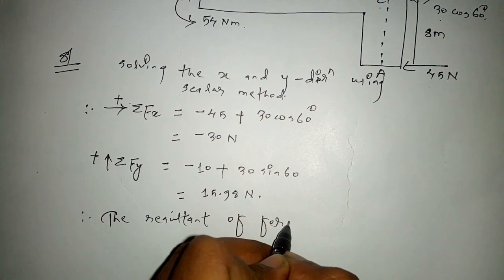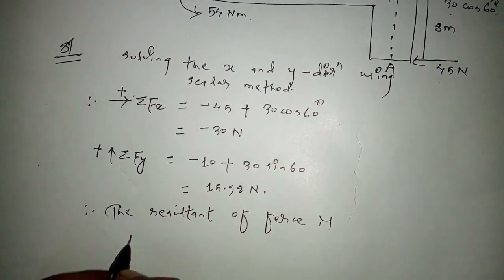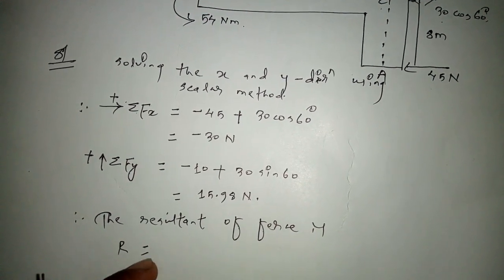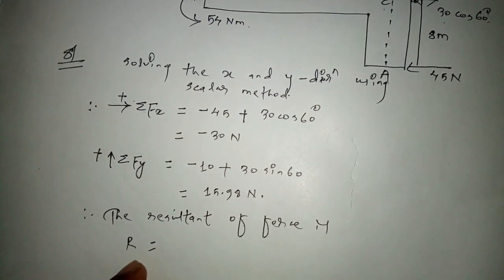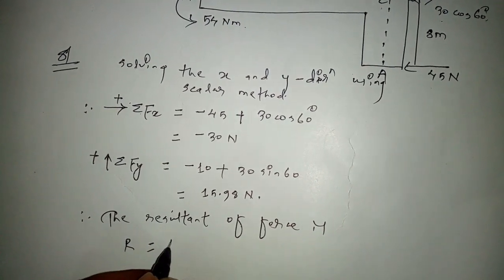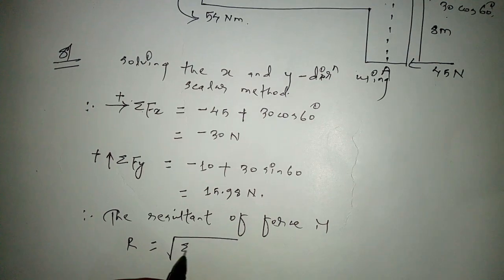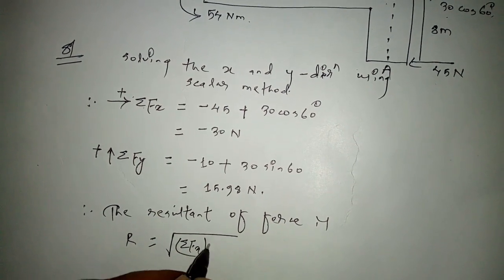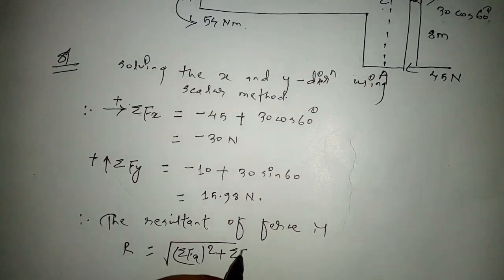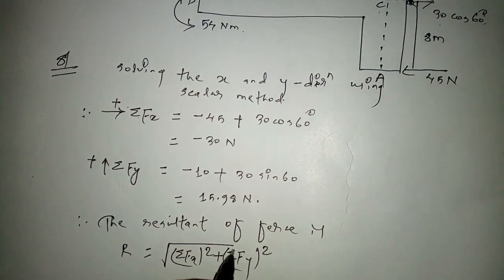Now I have to find the total resultant. Since I am using the scalar method, don't write the vector here. The resultant is the square root of summation of Fx whole square plus summation of Fy whole square.